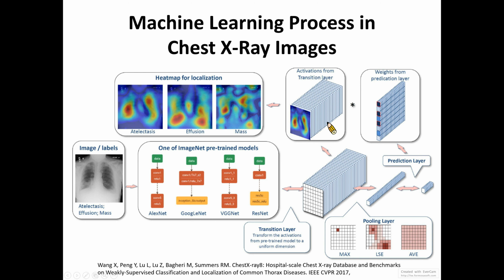You can see this heat map of the transition layers in atelectasis, which shows how the model sees these images, and also the effusion. You can see that the model indeed sees the effusion in the costophrenic angles, and likewise the mass. So this is the general architecture of the deep learning models when applied to chest X-ray images.